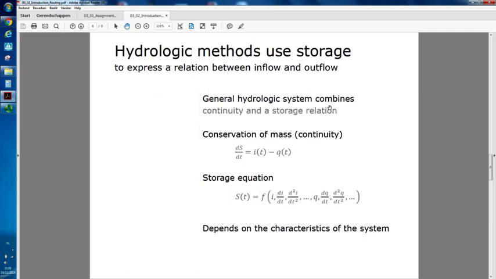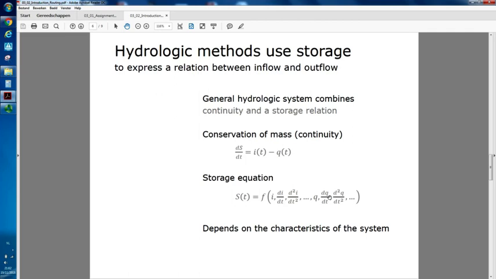And this additional equation will be a storage relation. This storage relation can be, for example, a function of the inflow, the first derivative of the inflow, the second derivative of the inflow, etc. Or also the outflow, and then also the derivatives of the outflow.